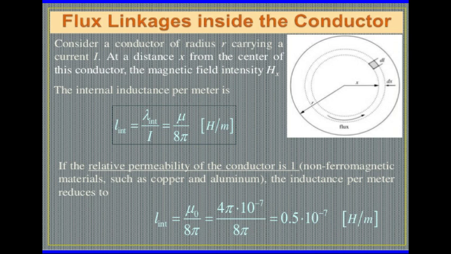So the internal inductance per meter is given as phi internal upon I, that is mu upon 8 pi. Unit is Henry per meter.